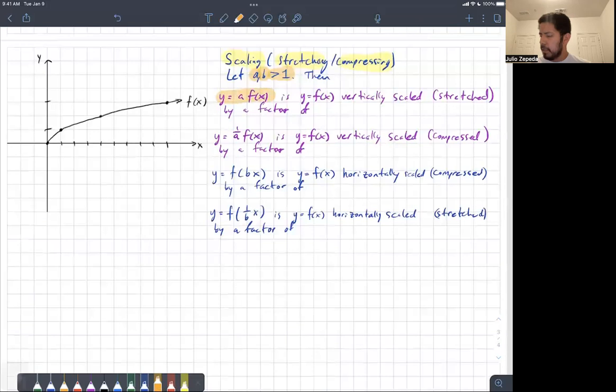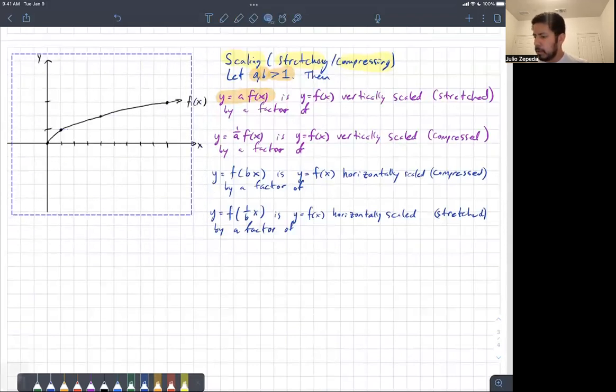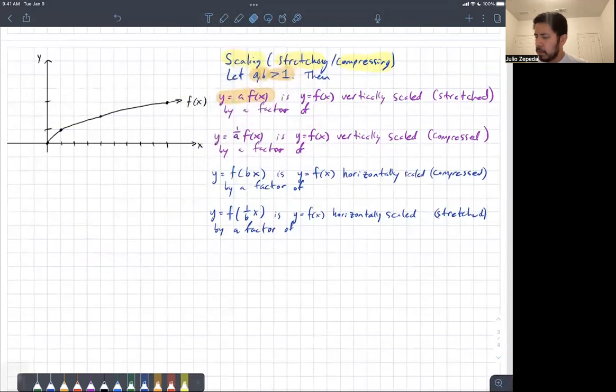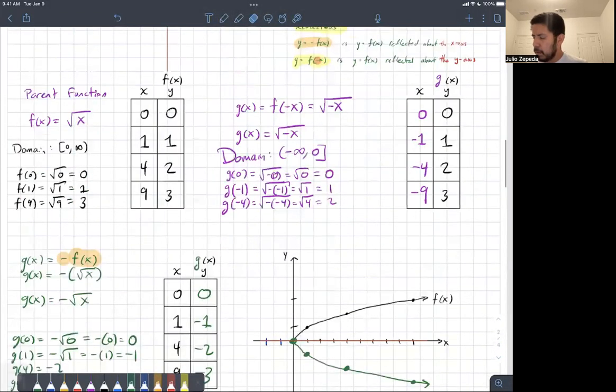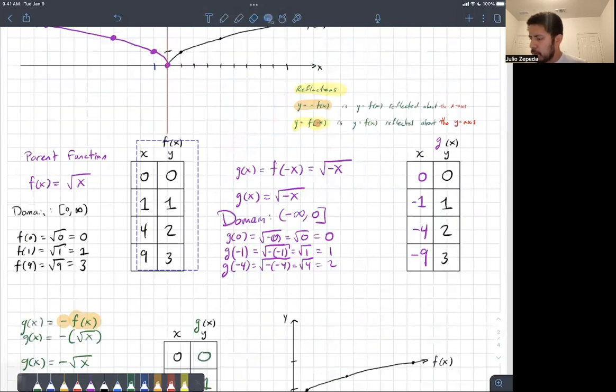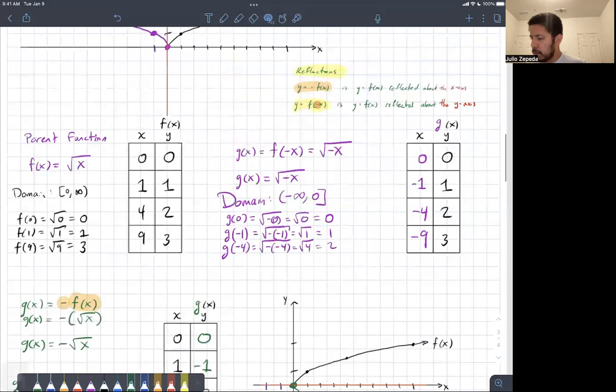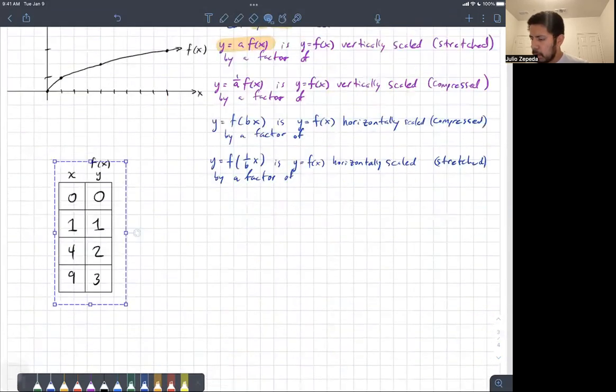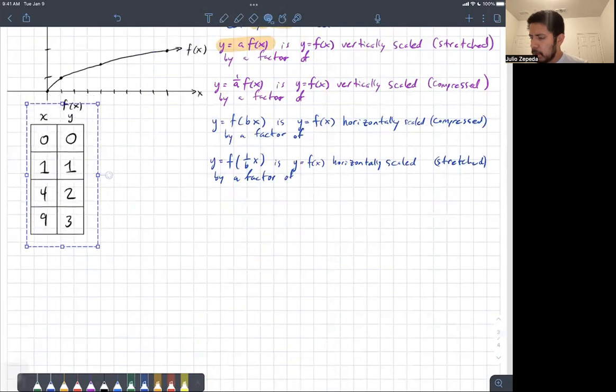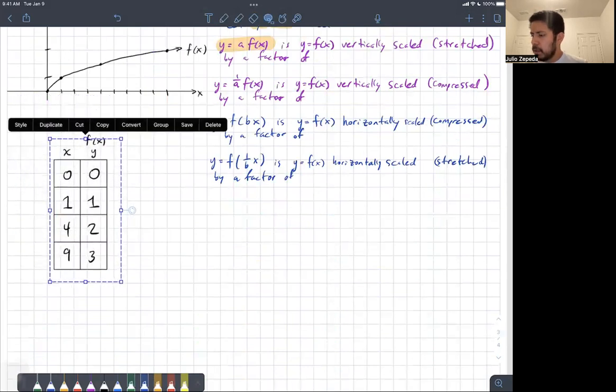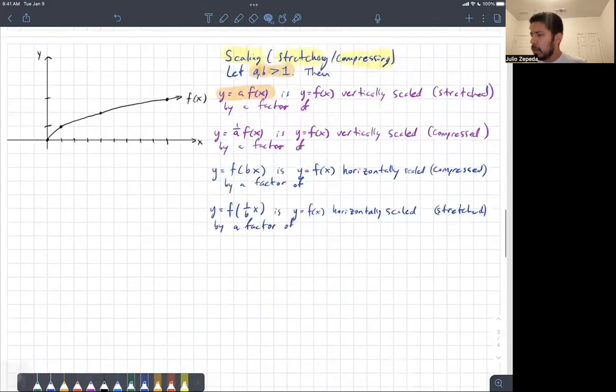And so let's go ahead and give an example. And maybe I'll do these separately here. Actually, I'm going to redraw that box.